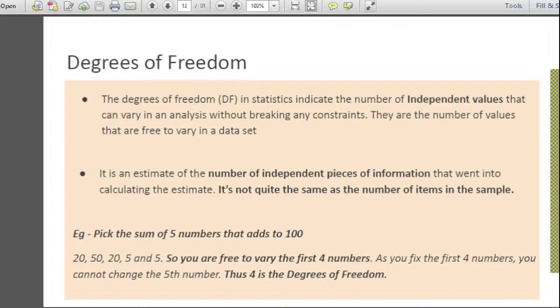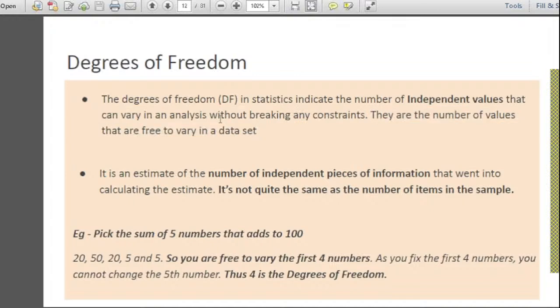So let's understand what we mean by degrees of freedom. Degrees of freedom in statistics indicate the number of independent values that can vary in an analysis without breaking any constraint. They are the number of values that are free to vary in the data set.